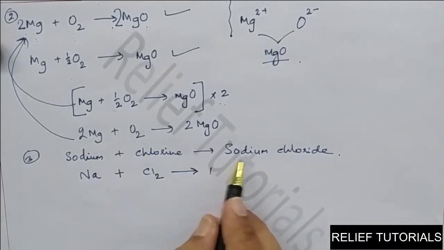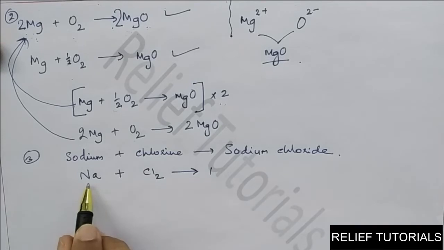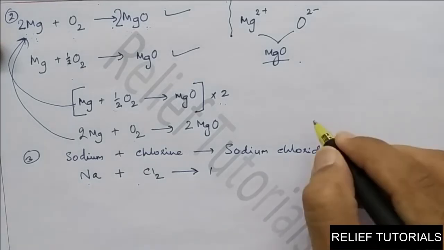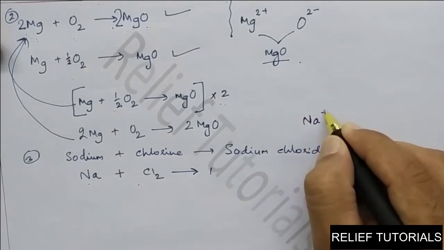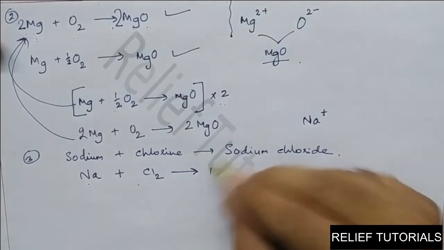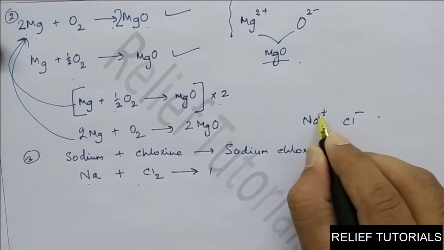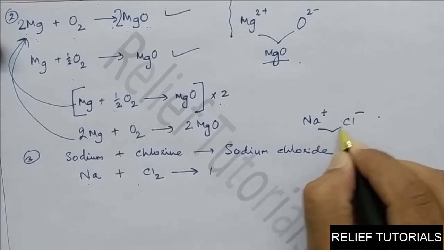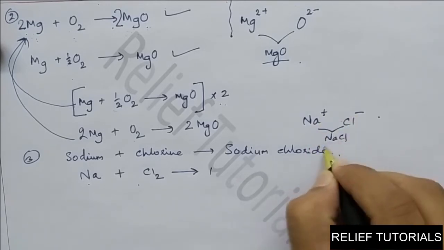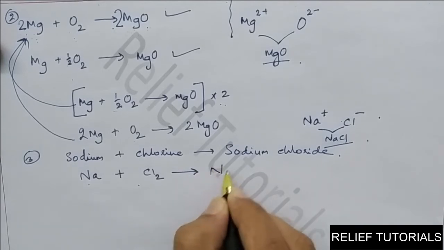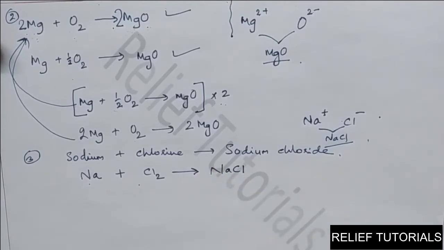Now what will be the formula of sodium chloride? Then what will be the reaction between Na and Cl? Sodium ion Na+, Cl ion Cl-. It is 1 plus 1 minus, both the charges are balanced, so 1 atom of each will form NaCl. So the product formula is NaCl.